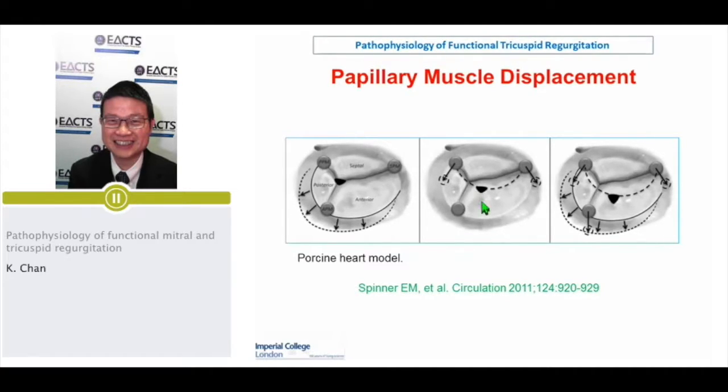You can see it here in this porcine heart study that annular dilatation alone results in malcoaptation of the tricuspid leaflets. Papillary muscle displacement alone also causes impaired coaptation of the tricuspid leaflets, and when the two are combined together, the area of malcoaptation is significantly increased, and it may be important to address both rather than one if both are present.